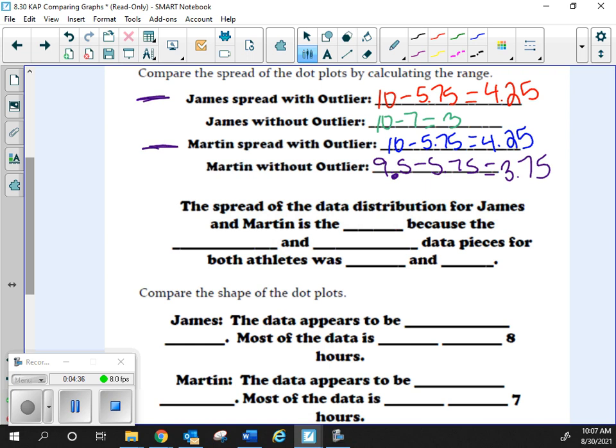They're the same, because the highest, or what was the other word that we use for highest sometimes? Maximum, and the minimum, or the lowest. It doesn't really matter. The highest and lowest data pieces for both athletes was 10 and 5.75.